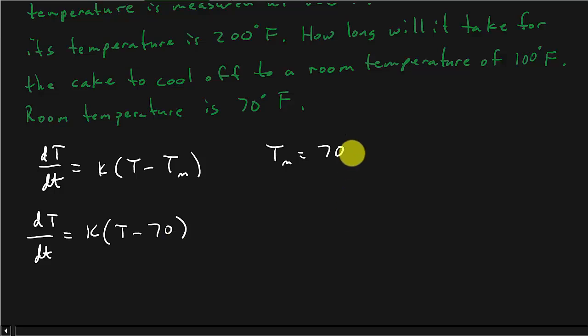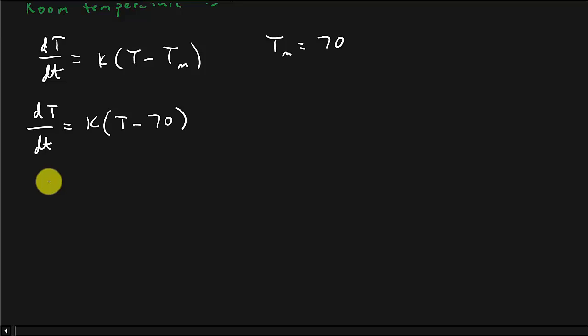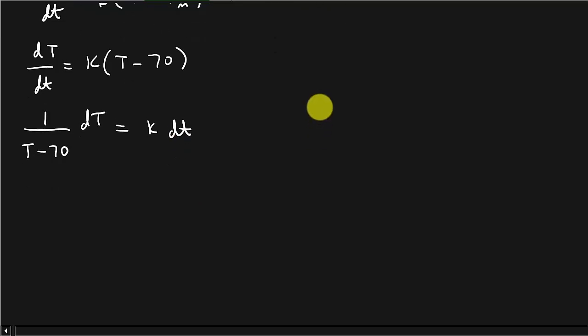Well, I think we can do this as 1 over (T minus 70) times dT is equal to K dt. It's a separable equation, right? And so this is going to be what?